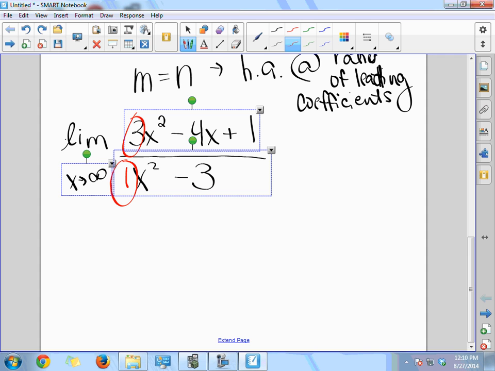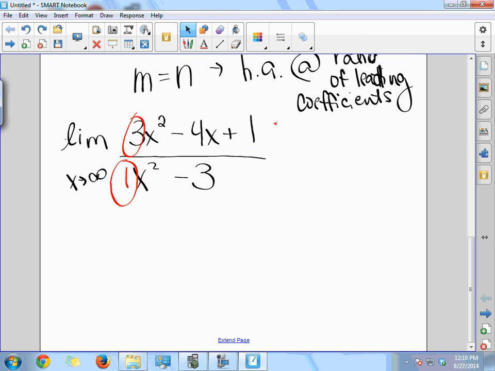But what you really want to do, the idea basically, is to get the infinity out of the denominator. How we can do this algebraically, which is pretty neat, is we can look at the highest power of the denominator, which for us is going to be x squared, and then we want to divide both the top and the bottom of our fraction by x raised to the degree of the bottom.